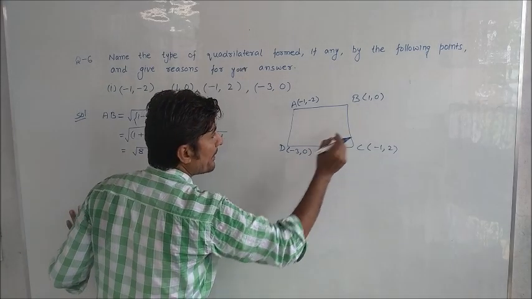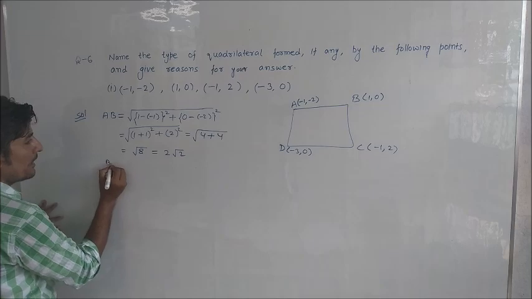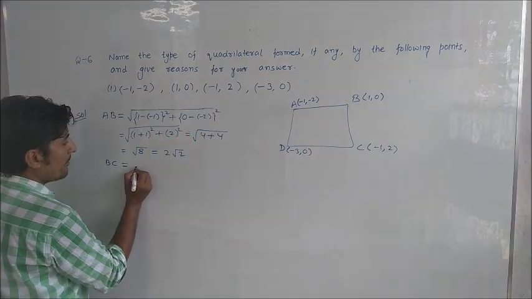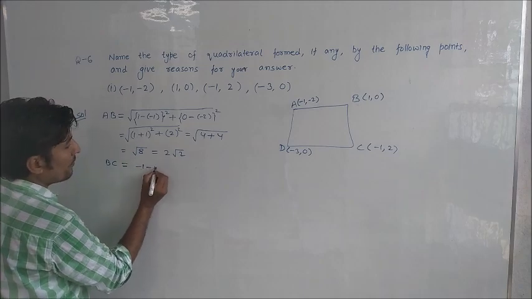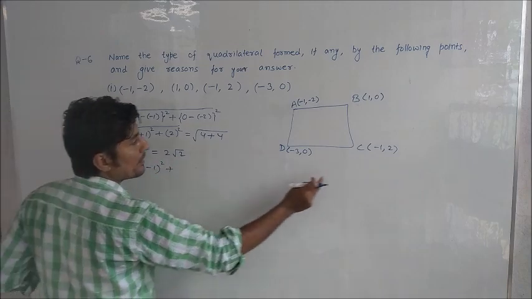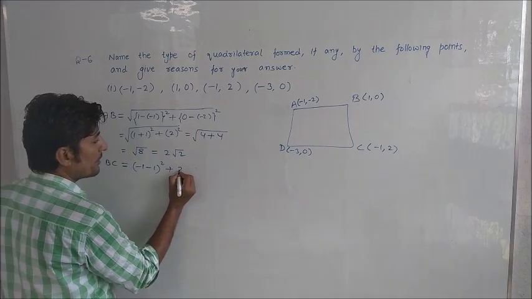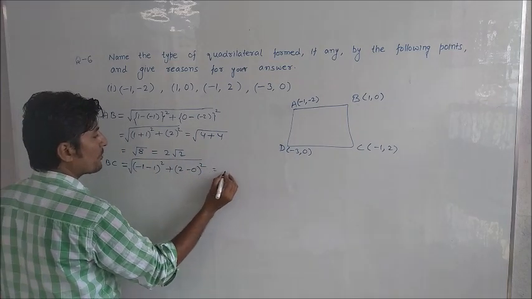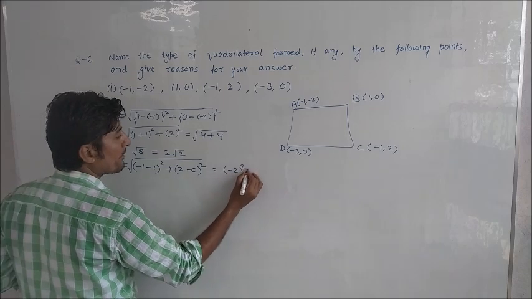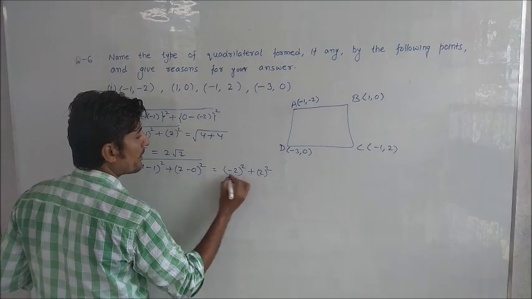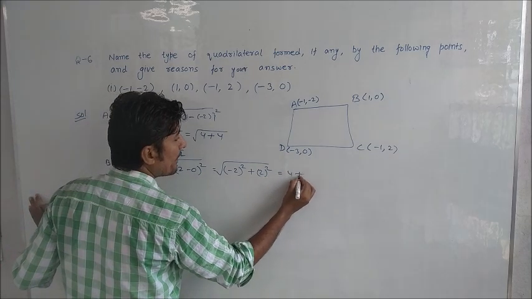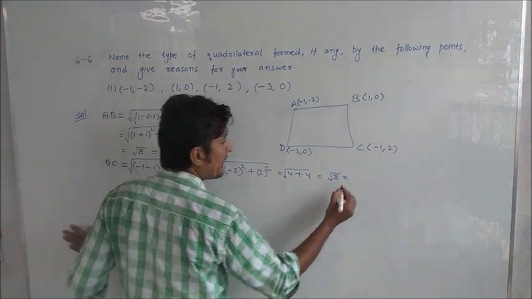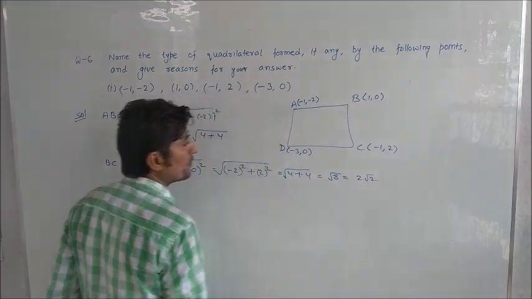Similarly, we can find the measurement of BC also. BC will be equal to (x2 minus x1) square, (-1 minus 1) whole square, plus (2 minus 0) square. So here we can write (-2) square plus 2 square, 4 plus 4, under root 8, which can be written as 2 under root 2.